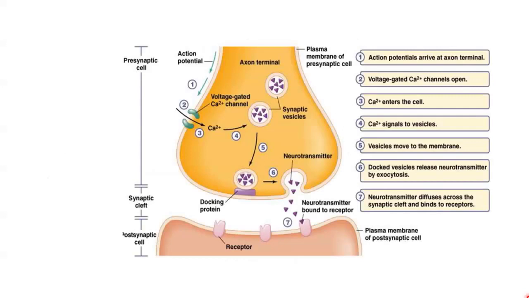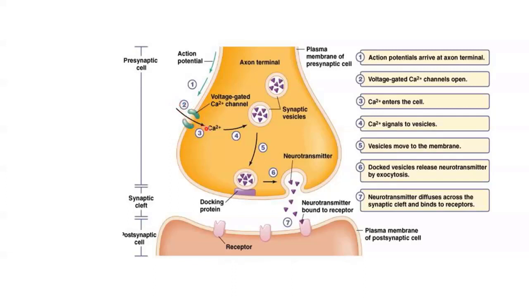Now, just putting all of that together in one big hit, and I will go over this quickly, but please come back to this in your own time. So at the neuromuscular junction, we have an action potential moving down the motor neuron. This causes a change in membrane potential, which opens our voltage-gated calcium channels.